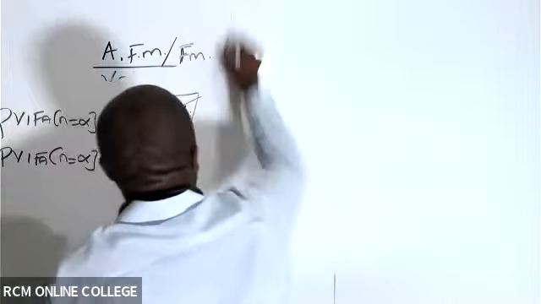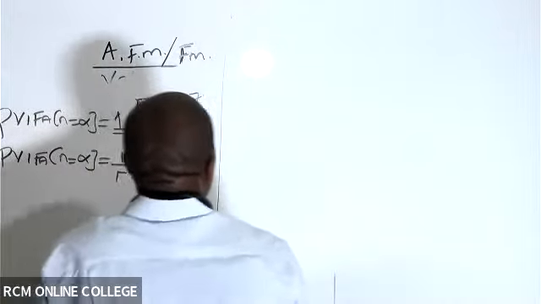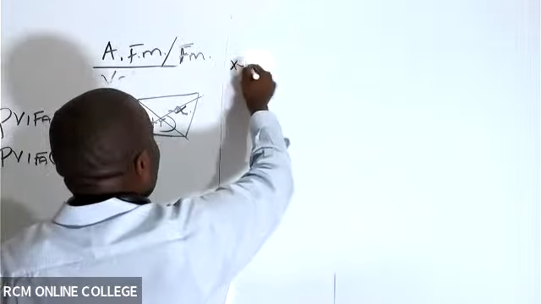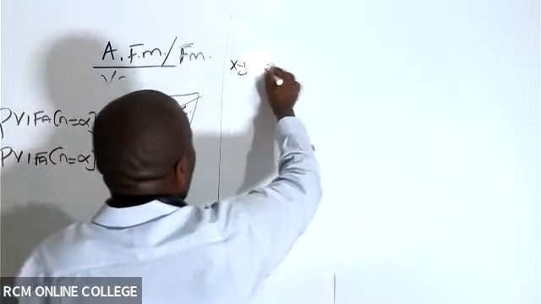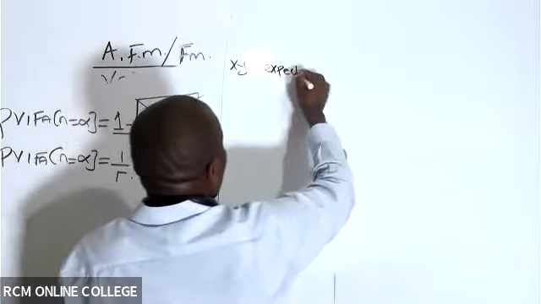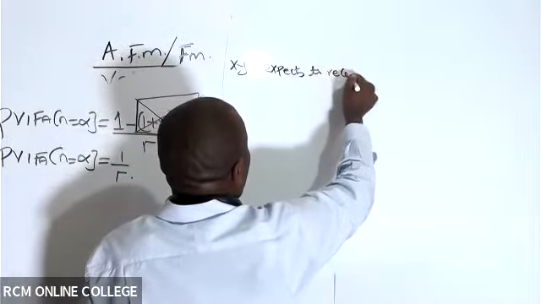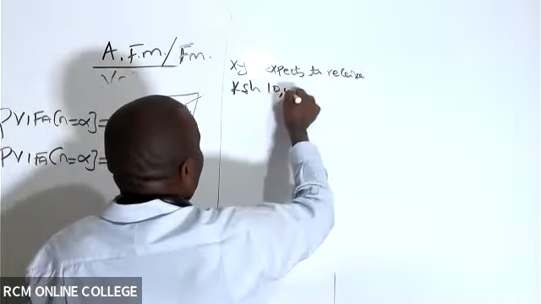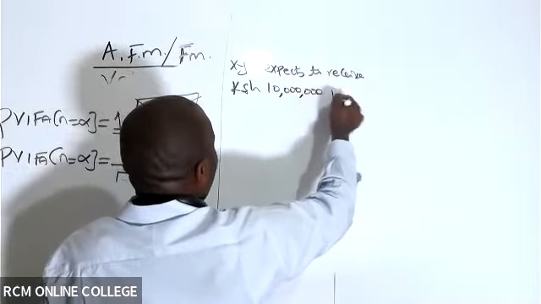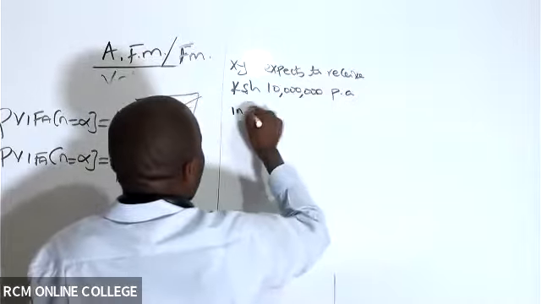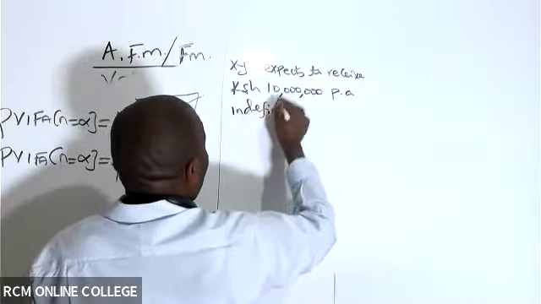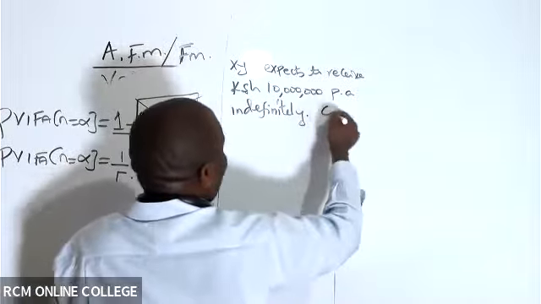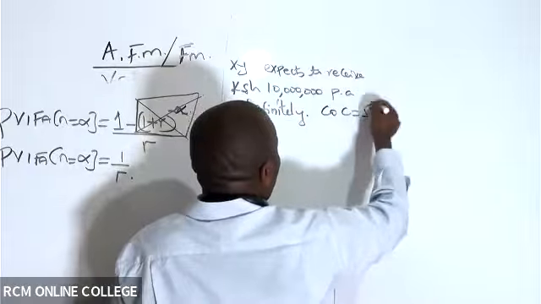So then, what if somebody tells you that in this case we have XYZ, as an illustration, which expects to receive Kenya shillings 10 million per annum indefinitely. All right, and then they're giving us the cost of capital as 5%.